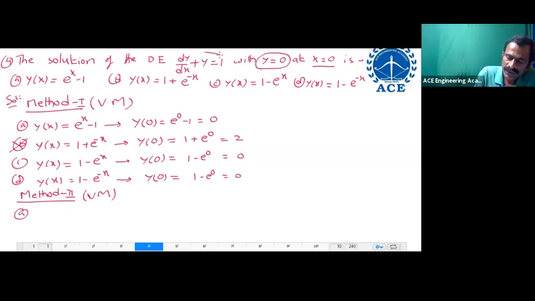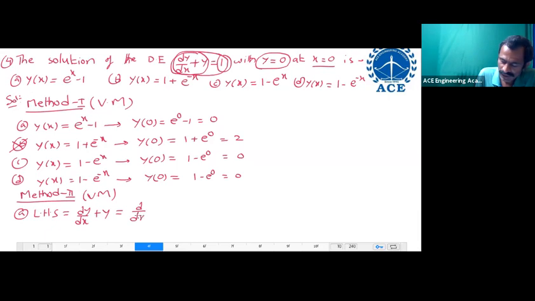Using differential equation, choosing the answer means just we check LHS equal to RHS or not. LHS of the differential equation is equal to RHS of the differential equation or not. Let us consider LHS. LHS of the differential equation is dy by dx plus y equal to. From the first option, y is e power x minus 1.